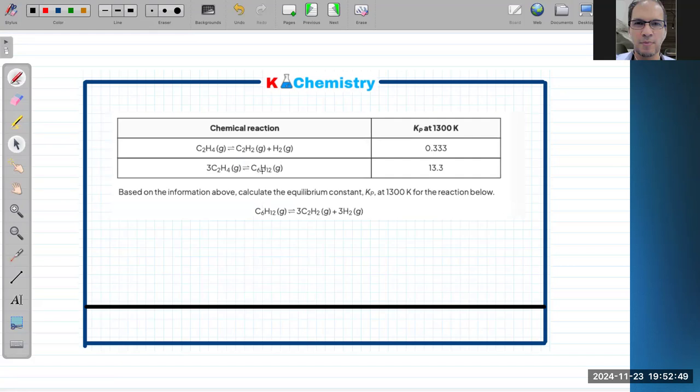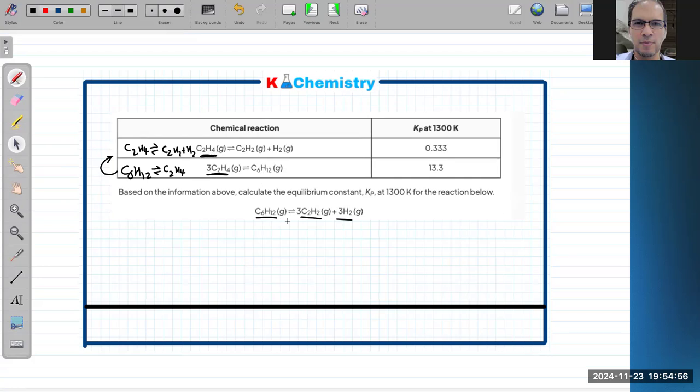This one first is reversed to form C2H4, and then this C2H4 is reversed to form C2H2 plus H2. So the only difference in these two equations is that I have 3 moles from this one, but here I have 1 mole.